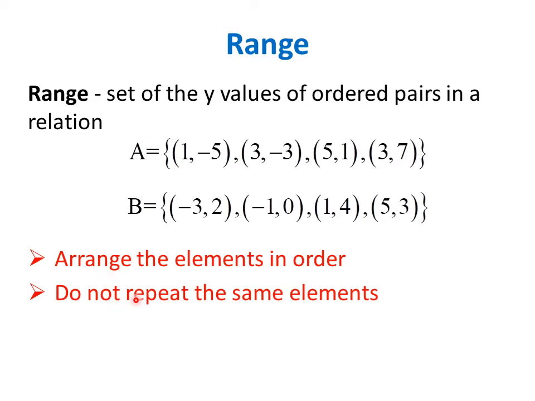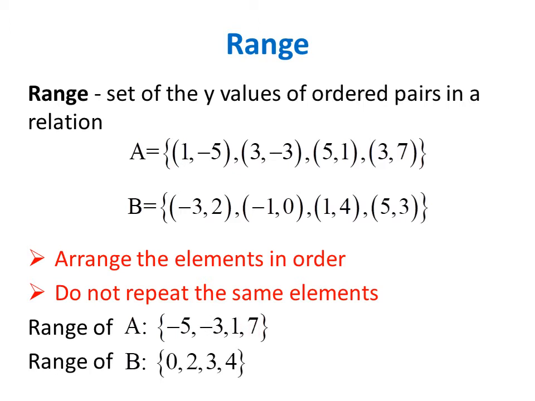And again, we need not repeat the same elements. For example, the range of the relation A above consists of the numbers -5, -3, 1, and 7. So those are the y values. Therefore, the range of A is the set of -5, -3, 1, and 7.